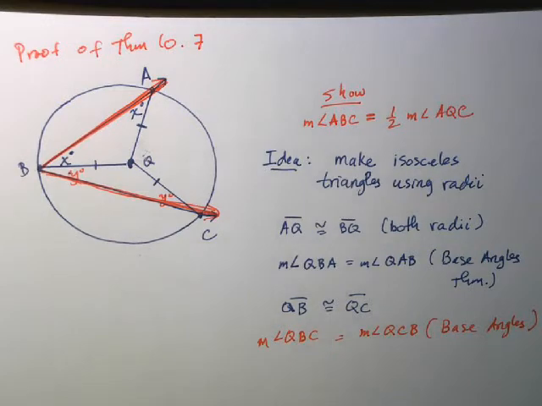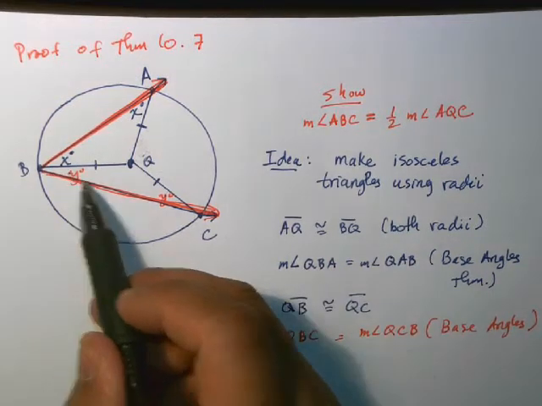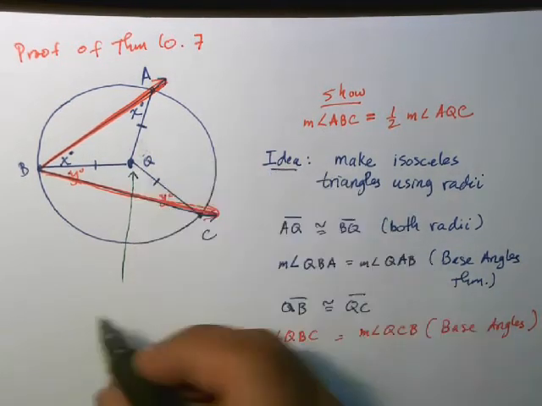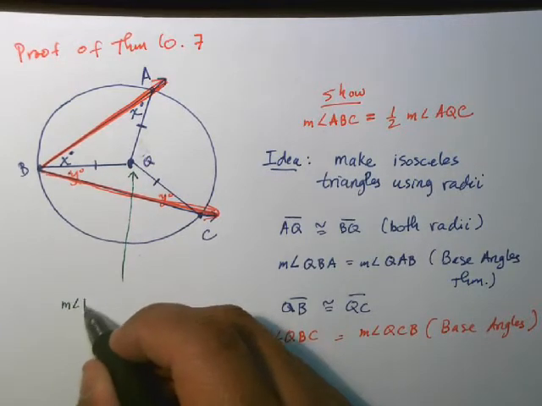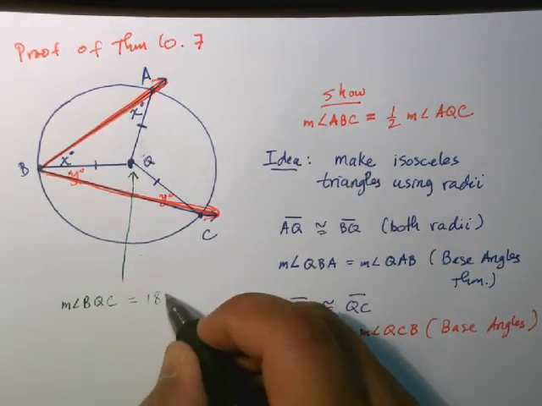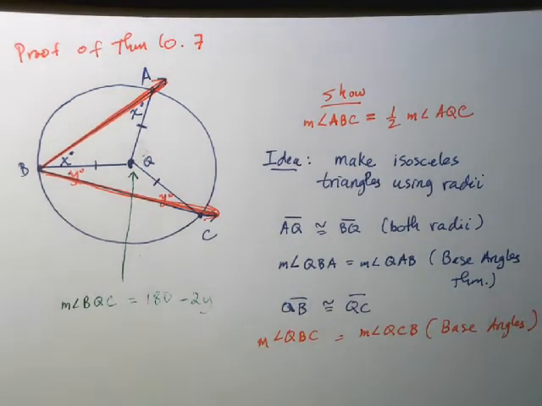Well, the approach is an old one, but a good one. So if this angle is y and this angle is y, then that means this angle in here, the measure of BQC, must then be equal to 180 minus 2y. My marker is dying out here. Let me get a new one.